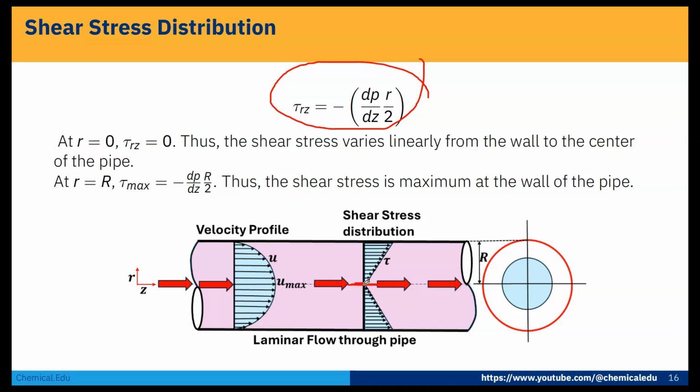We can say maximum velocity, minimum shear stress. Now at r is equal to capital R, velocity is 0 but shear stress is maximum, so tau max will be minus dp by dz capital R by 2. Thus the shear stress is maximum at the wall of the pipe.